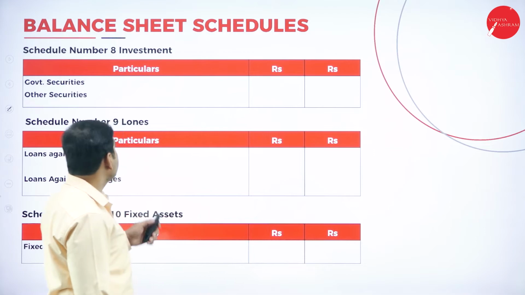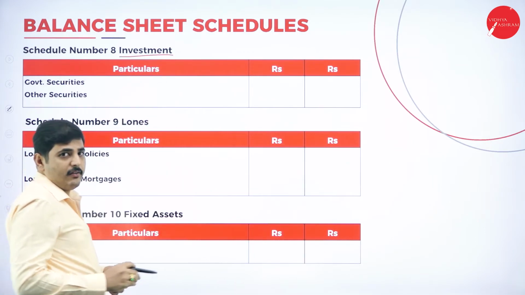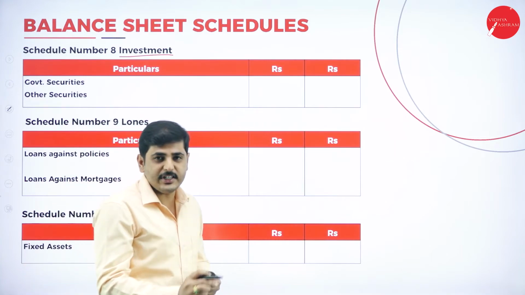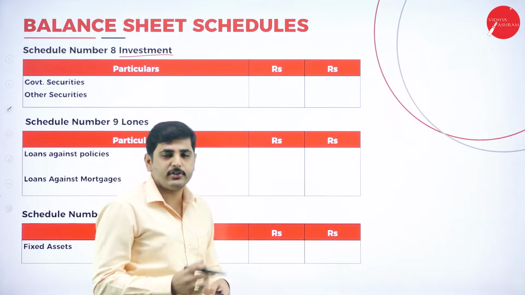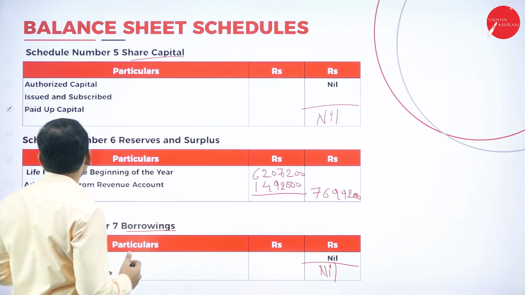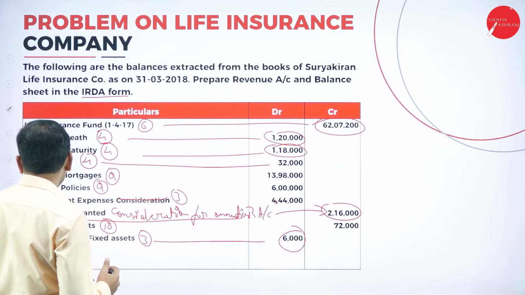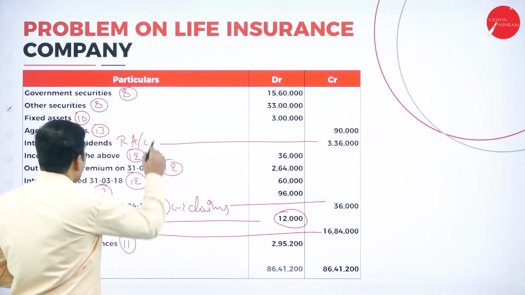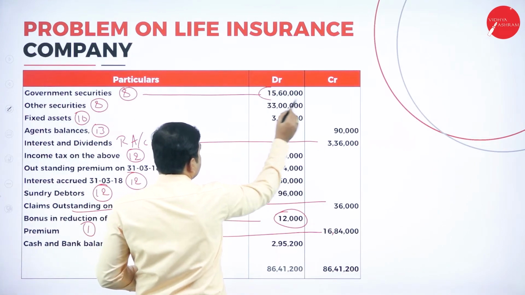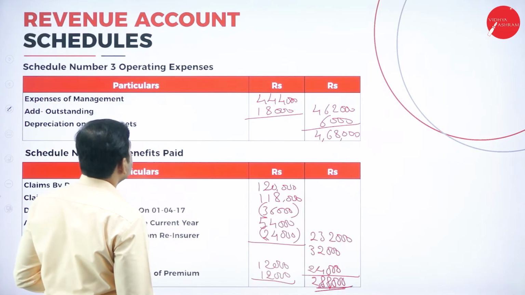Now let's go to the next schedule, investment. Investment in government securities, ordinary investment, investment in any securities, investment in any government bonds, all are considered as investment here. Let's see the amount. First, investment in government securities is 15,60,000.